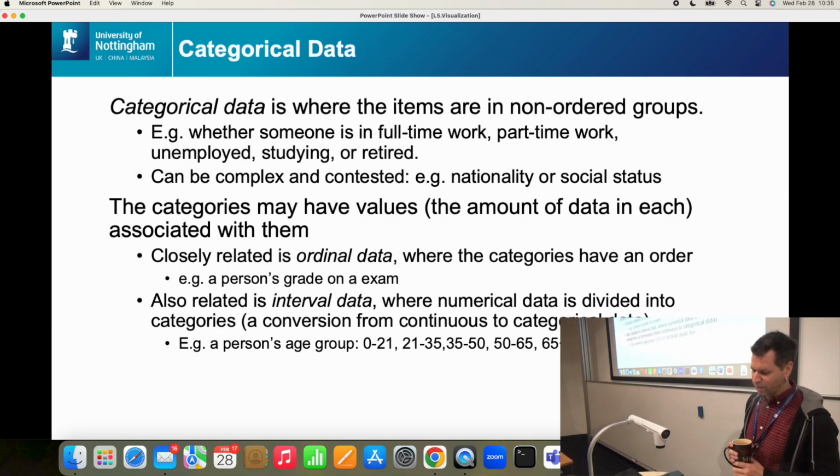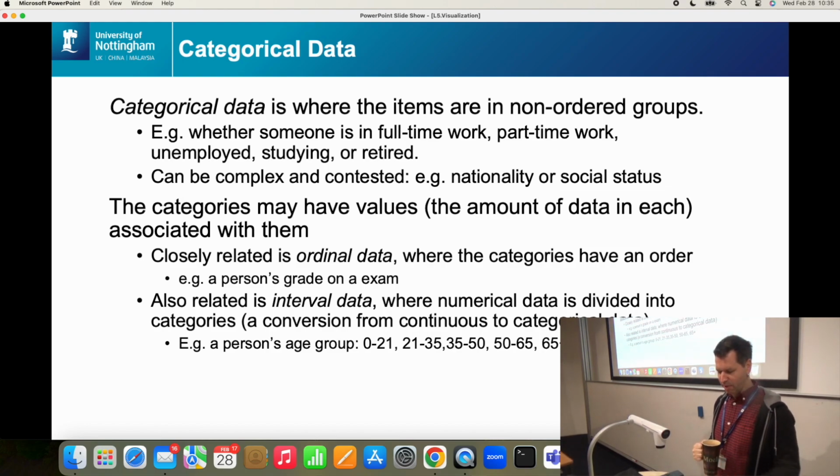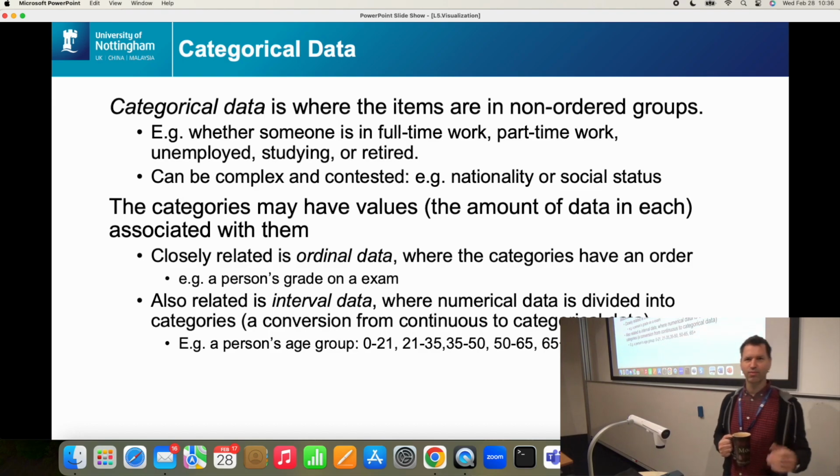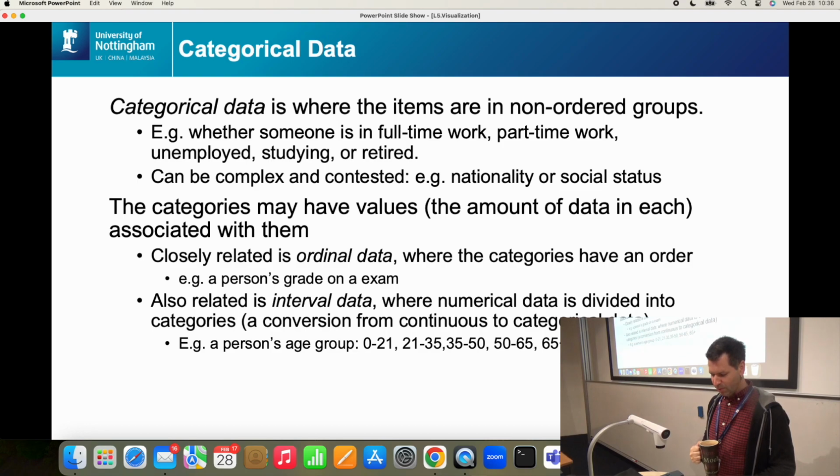So, categorical data describes groups. I think everybody's very familiar with that, right? So we won't spend lots of time on it. Categories may have values, the amount of data in each associated with them, right? A person's grade on an exam, right? Our exam scores are categorized, right, into distinction, 2.1, 2.2, and all that different stuff. We have interval data, right, divided into categories.